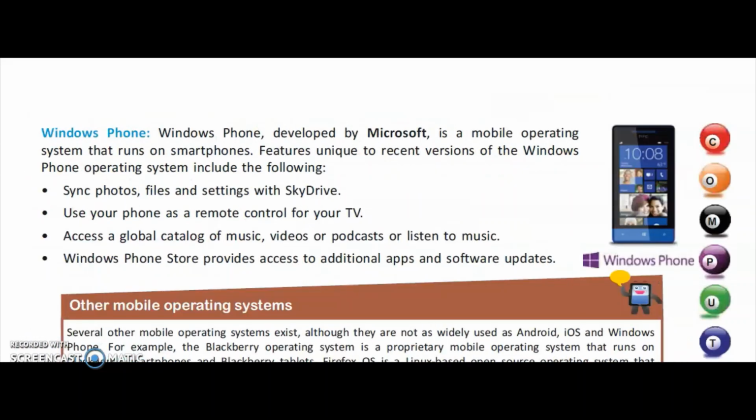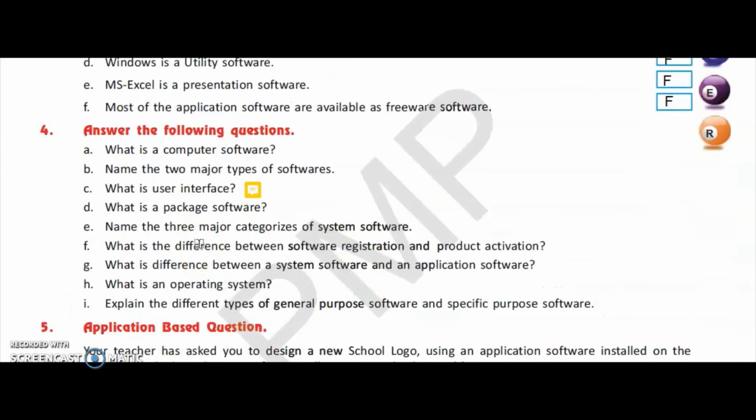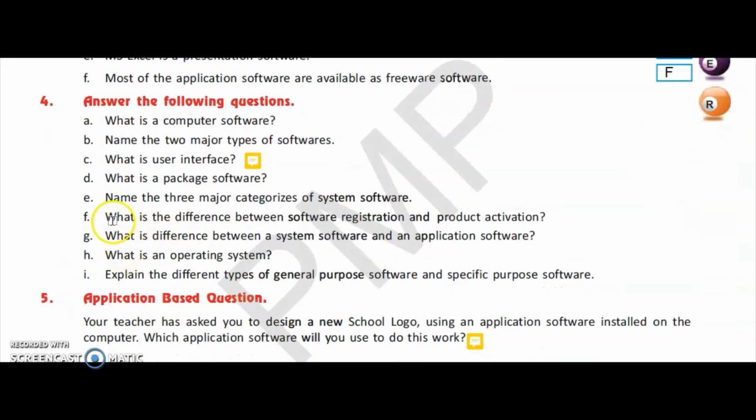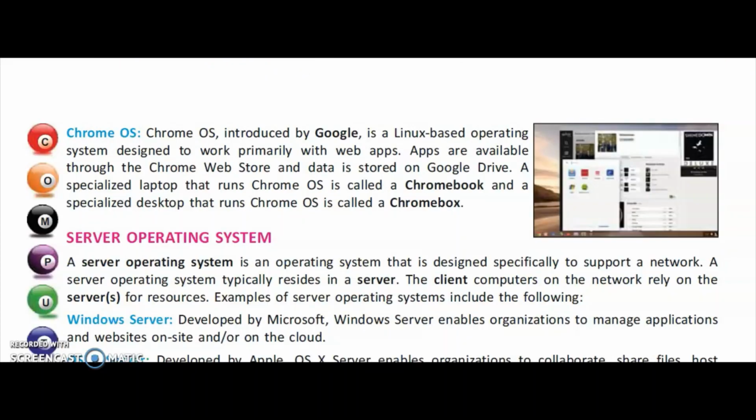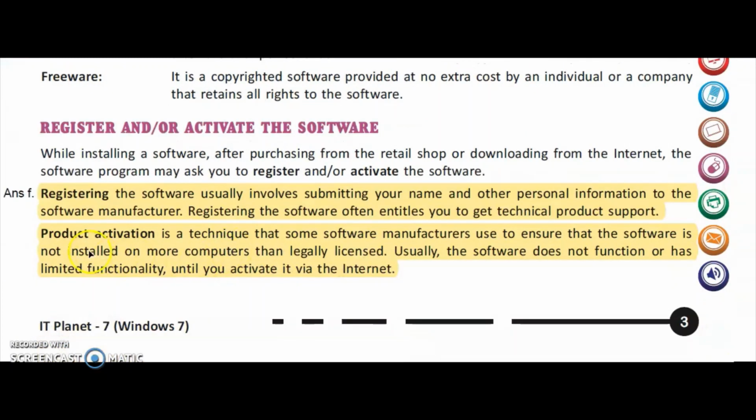Now the next question is, the F part is, what is the difference between software registration and product activation? The answer is on page number 3. The last 2 paragraphs. Registering the software usually involves submitting your name and other personal information to the software manufacturer.